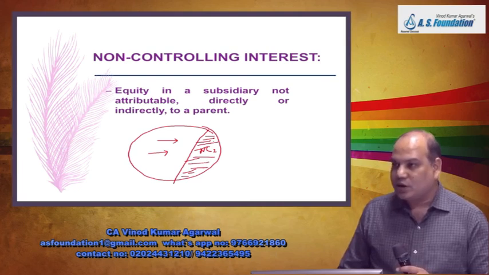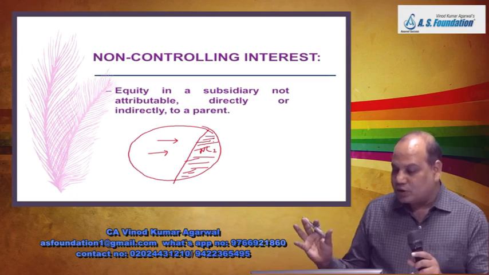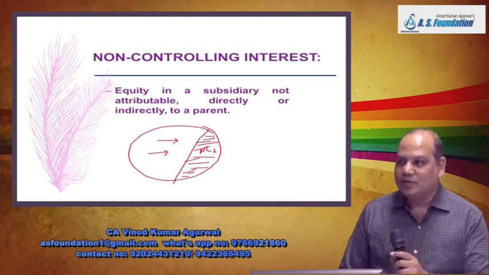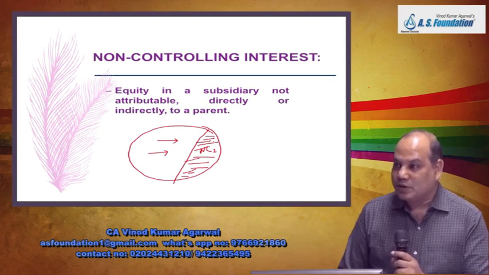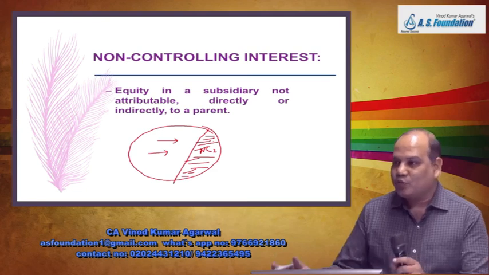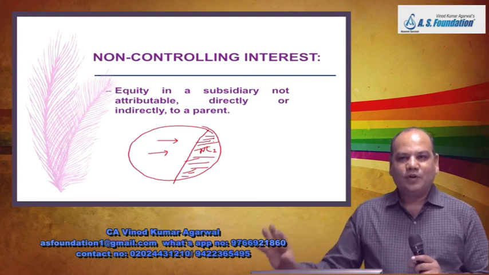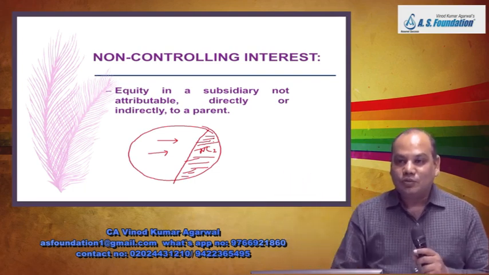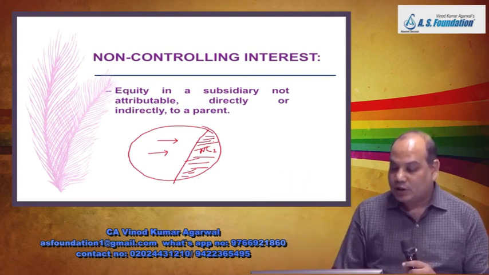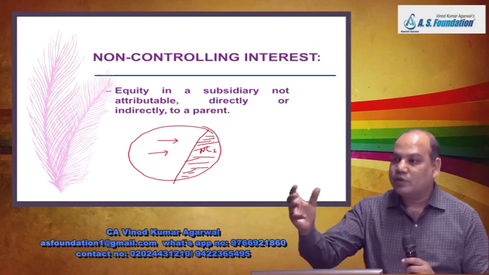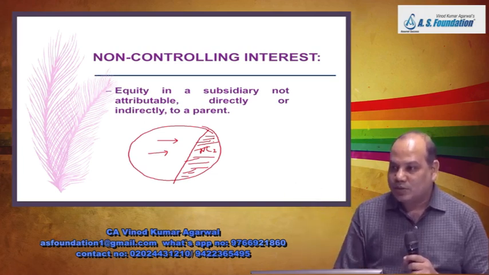Because this gives us an idea about the worth of NCI. Suppose NCI is 20%. Let us say if I have to acquire their stake, roughly approximately what is the amount that I need to pay them? So that gives me a rough idea about the worth of these outside stakeholders' money.